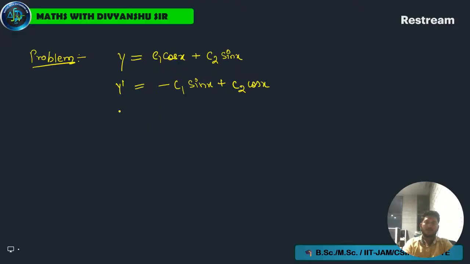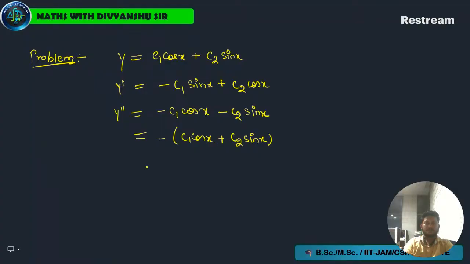Then you differentiate again, and here minus c1 cos x minus c2 sin x. Now take the common part, c1 cos x plus c2 sin x. So here you see that this is also y, and your final answer is y double dash plus y, which is equal to 0.